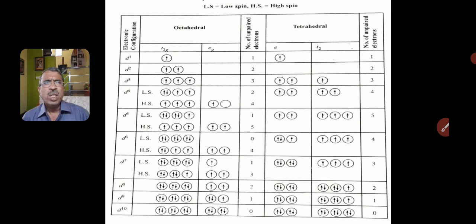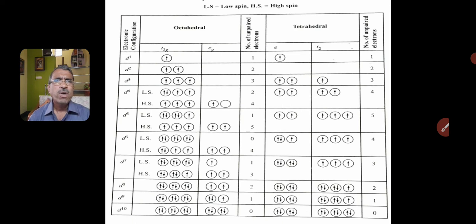In the octahedral d4 system, for low spin complex it is 2, for high spin complex it is 4. In case of d5 system, for low spin complex it is 1, for high spin complex it is 5. Similarly, you go through d6, d7 and further, the number of unpaired electrons in the system.